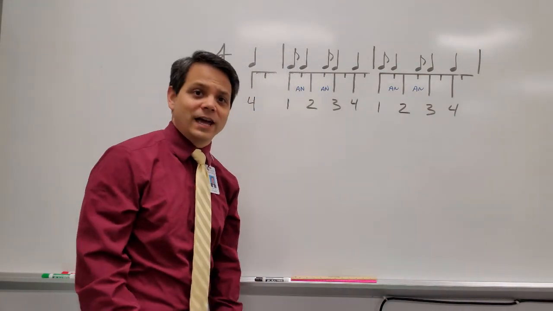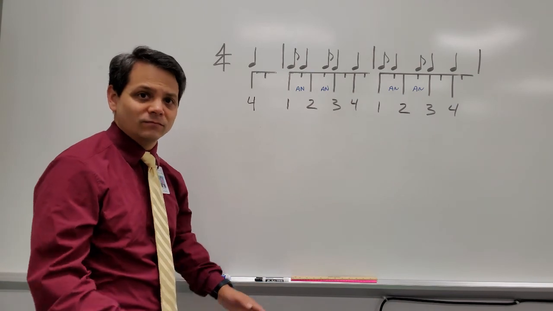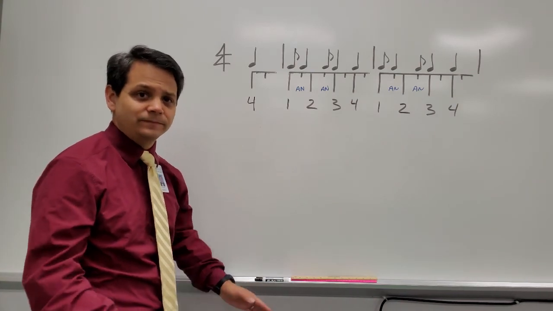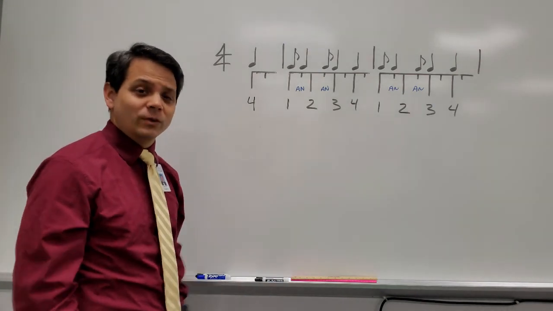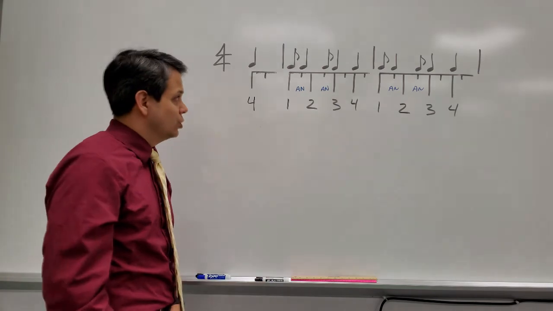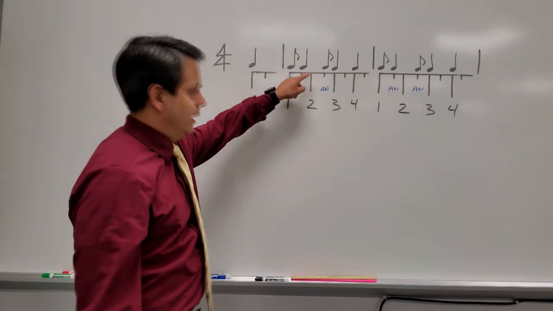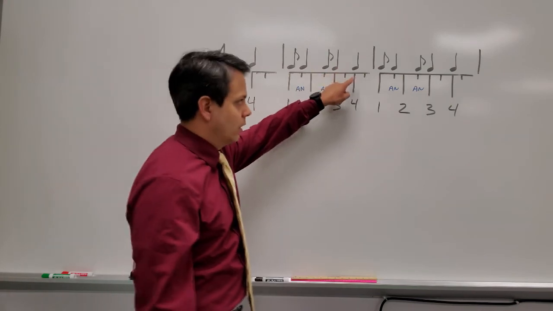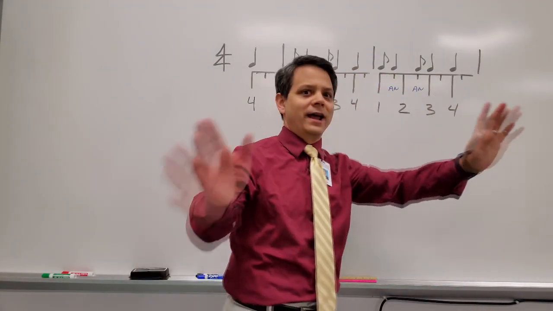Let's count that together, but let's add the steady beat. Nice and slow. I will give you 3 beats, then we start counting on 4. 1, 2, 3, and stop.